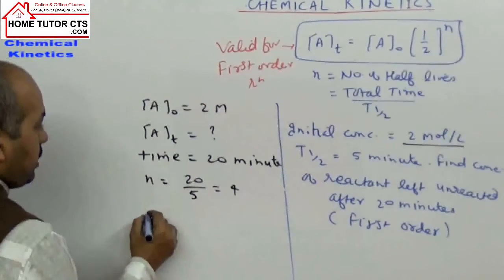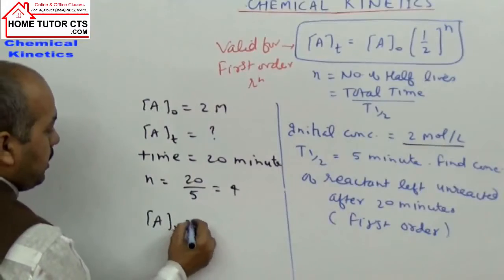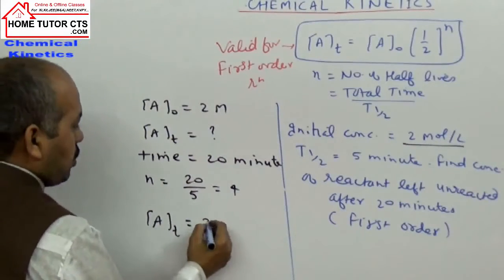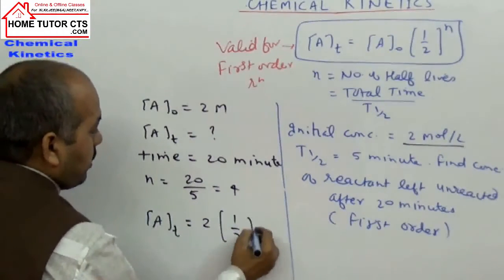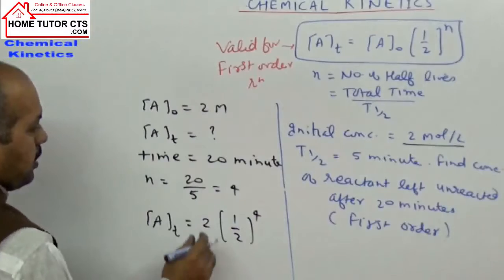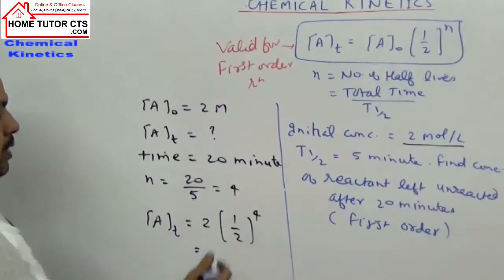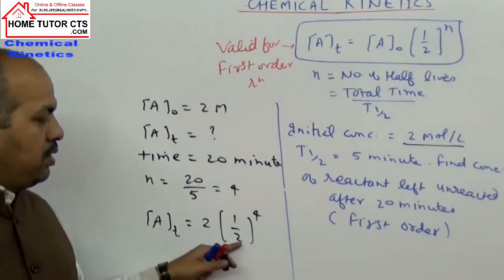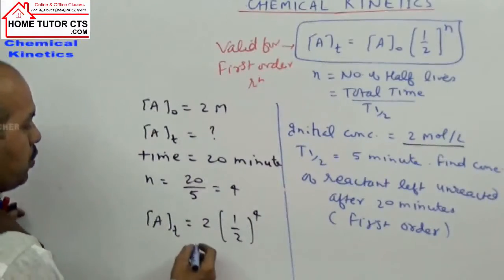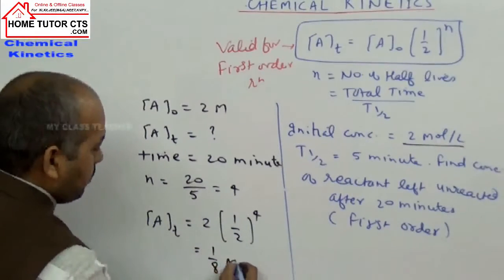So how much is the concentration of reactant remaining at time t? A naught, that is 2, into 1 by 2 power 4. 1 by 2 power 4 means how much is this? 1 by 16 into 2, that's 1 by 8.